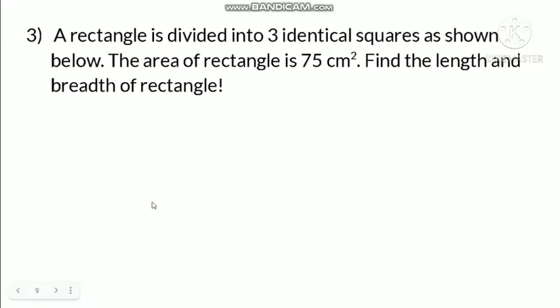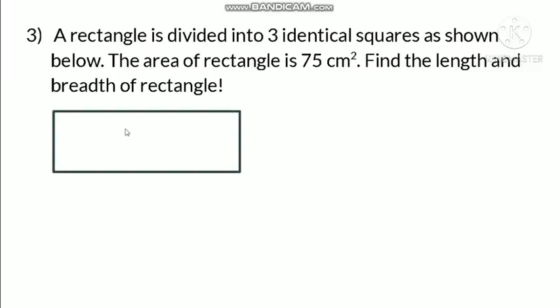Problem number 3. We have a rectangle here and it is divided into 3 identical squares as shown below. There is a rectangle and I cut it into 3 squares equally. The area of the rectangle is 75 square centimeters.